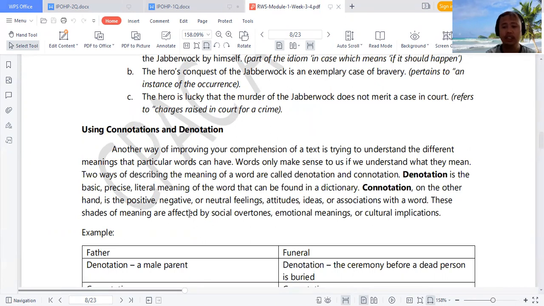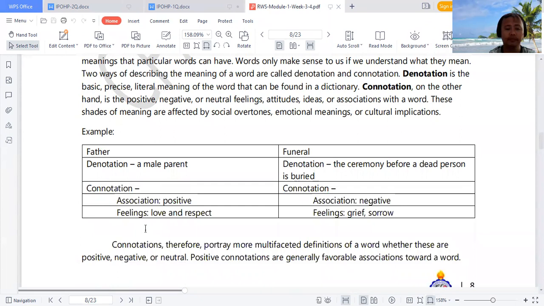However, connotation, on the other hand, is the positive, negative, or neutral feelings, attitudes, ideas, or associations with a word. These shades of meaning are affected by social overtones, emotional meanings, or cultural implications. Example, for the denotation, okay, example here is a male parent.